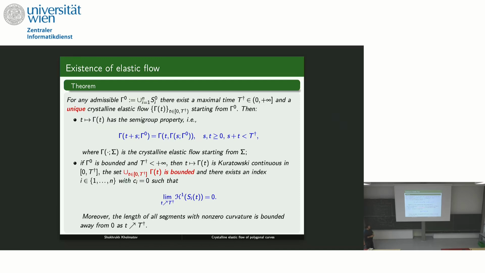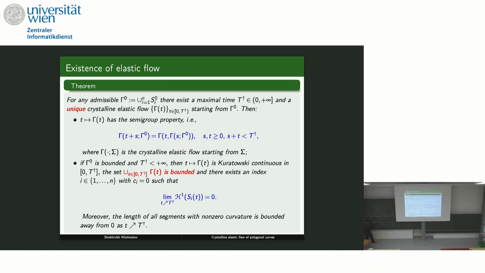And I know from energy estimates, the only place where length could go to 0 is the segments with 0 curvature. So in the flow, if this is my flow, I can get something like this. This is converging to here, this is converging to here, this is oscillating a little bit, but at the end, this segment is disappearing.